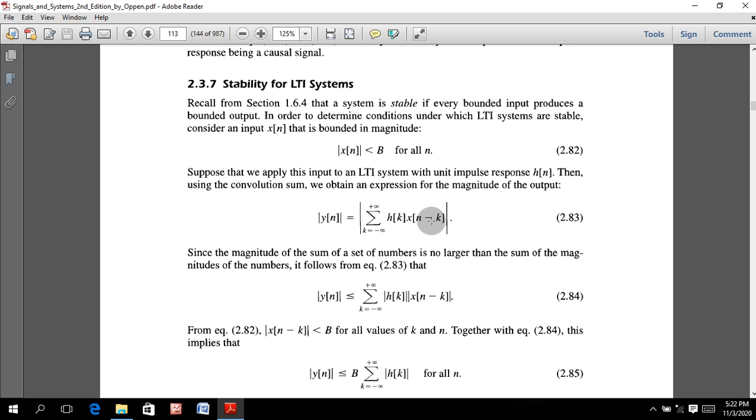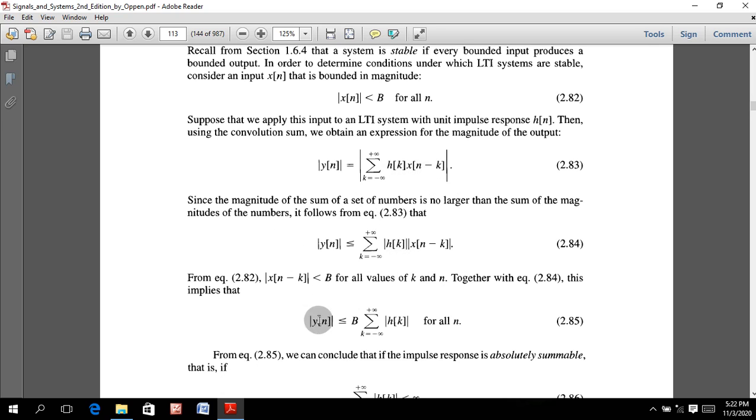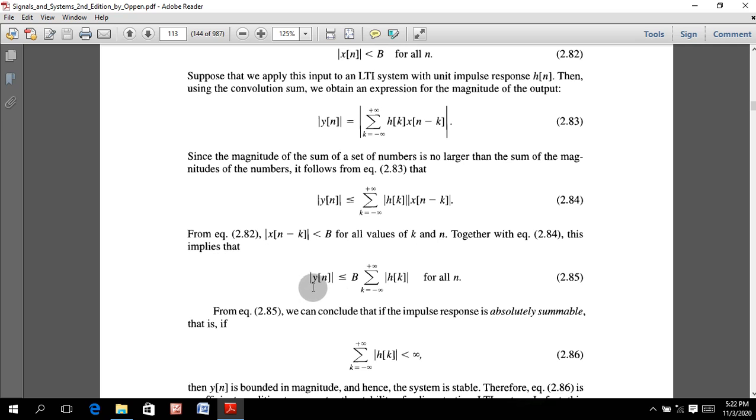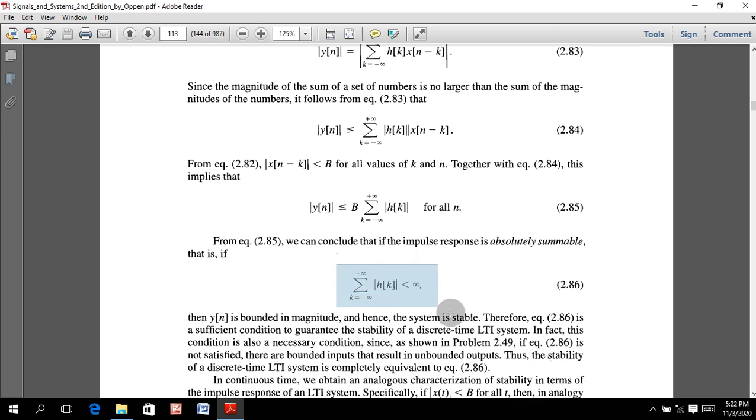For that bounded input, we should have mod y of n, written in convolution sum form, as the summation of k from minus infinity to plus infinity of h of k into x of n minus k. For this reason, the value of y of n should be less than infinity, and it can be written in this form also: the summation of mod h of k, k from minus infinity to plus infinity, should be less than infinity.